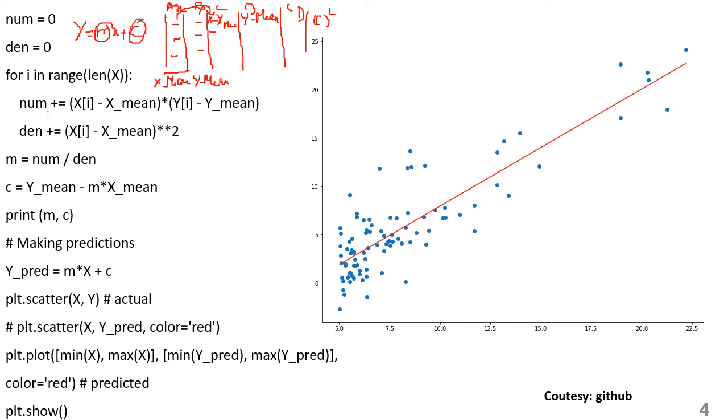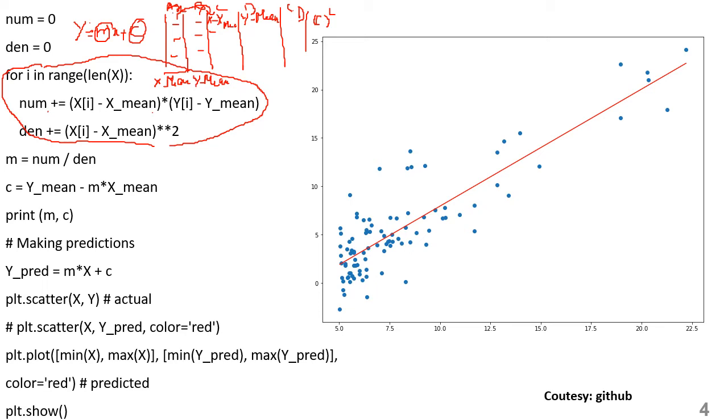So this is what has been done using the for loop. You can see this is the for loop we have used here to compute the value of m. So x mean is calculated, y mean is calculated. So we can always get the difference of the x value minus the x mean. Similarly, the difference of y minus the y mean.